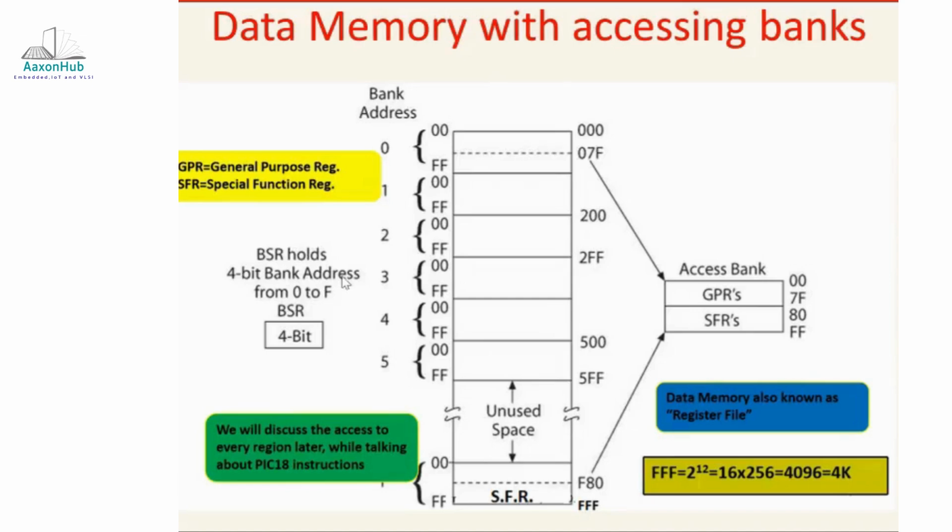As per that 4-bit bank address, the possible combinations are 16 banks. So you have 16 banks accessible for your BSR.